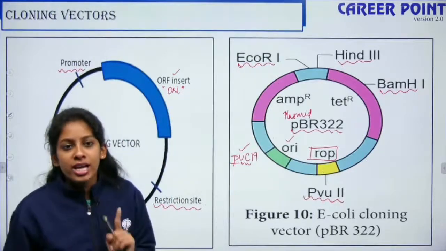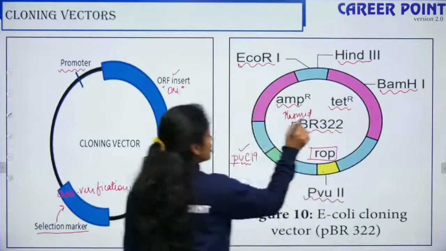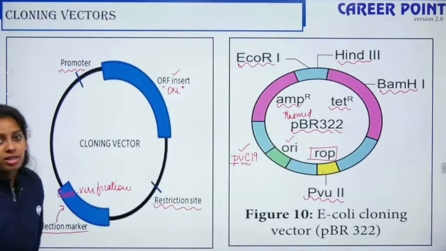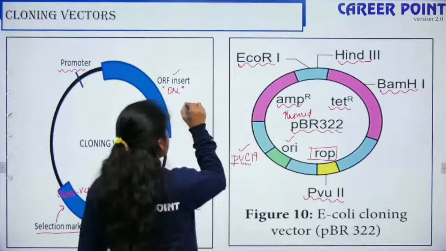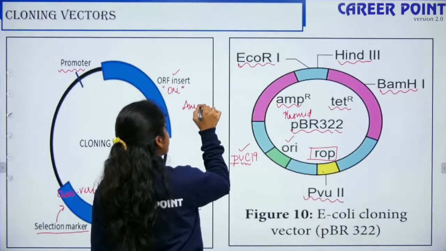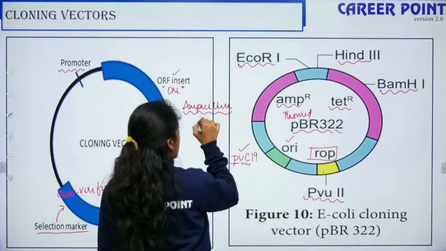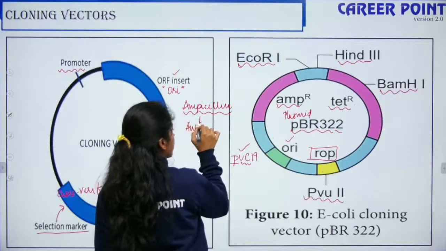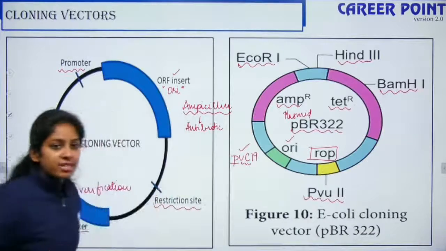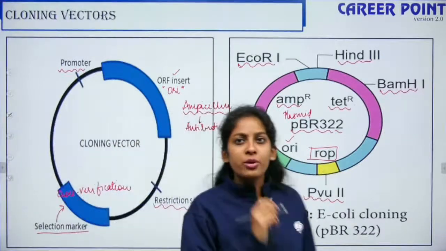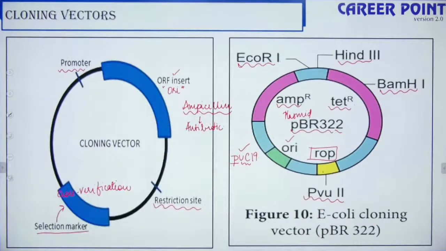But apart from that, if you see, there is something called AMP-R and TET-R. This is your selection marker that I was talking about. So what does AMP stand for? AMP stands for ampicillin. So what is ampicillin? Ampicillin is an antibiotic. So when do you take antibiotics? We often take antibiotics when we are not well, no? So why do you take antibiotics?